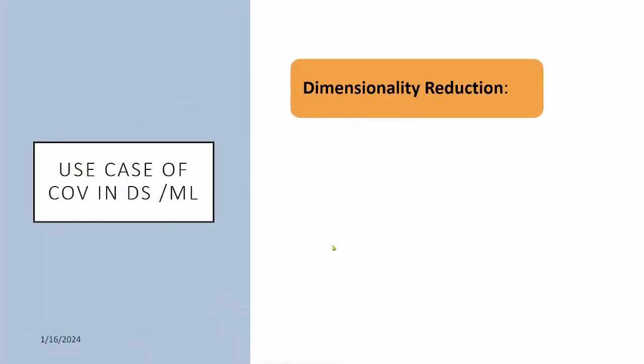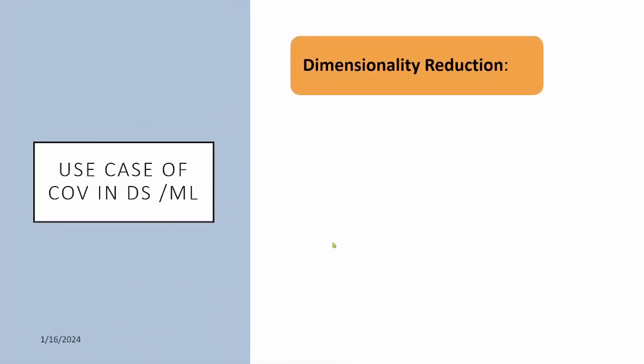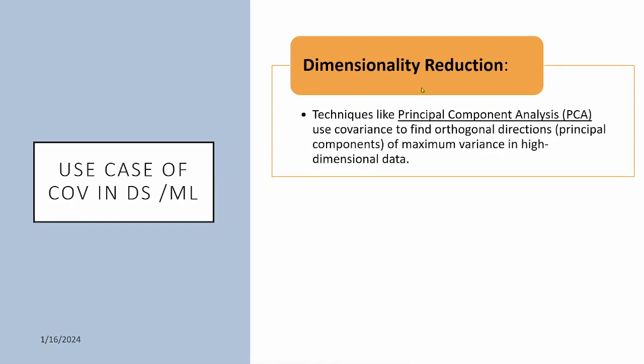So what are the use cases of covariance? As I mentioned, covariance is a very fundamental concept used in data science and machine learning. I'm going to show you the intuitive or geometric interpretation of covariance in a while. One use case of covariance is dimensionality reduction. Let's say we have 1,000 columns or 100,000 columns in a data set. Can we reduce it to a lower dimension without losing much information from the data set?